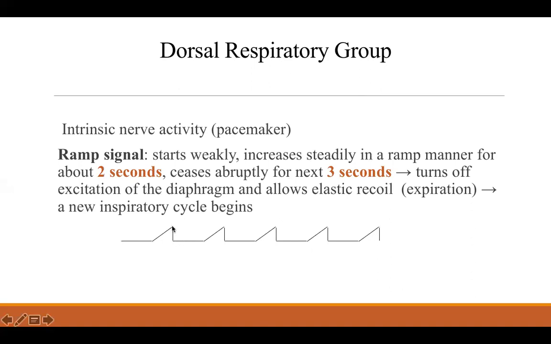So this little L here would be our expiration. So this last 3 seconds, plus the 2 seconds, all in all, would be 5 seconds for one breath. Okay, typically 12 breaths per minute. That's because each breath takes approximately 5 seconds.